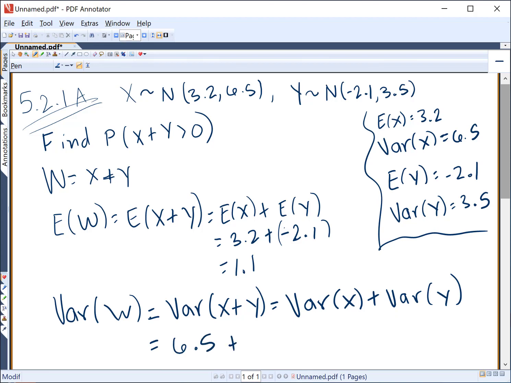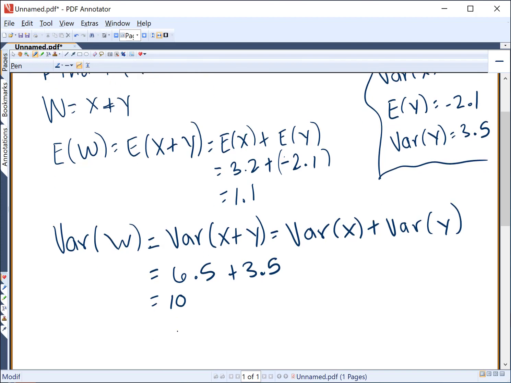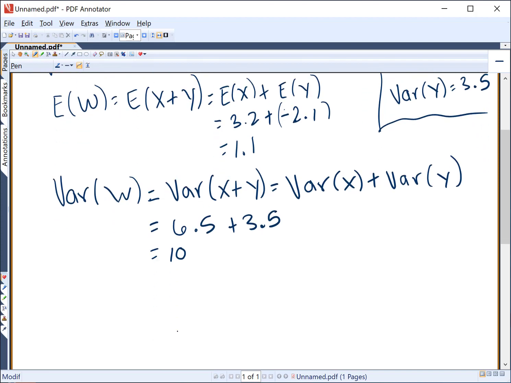The variance of y is 3.5. Which gives me, that should be 10. So remember, all of these rules for your expected value and variance come from section 2.6 in our book. Here you're looking for combinations for expected value and variance of random variables. So we now have an expected value of w and a variance of w.